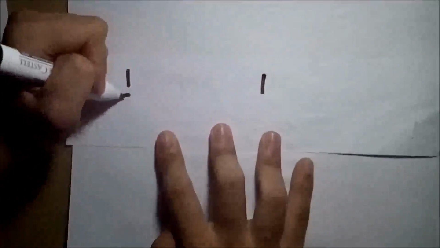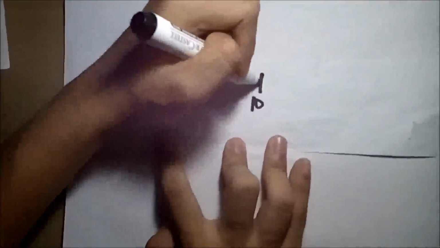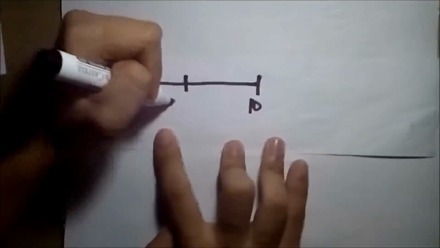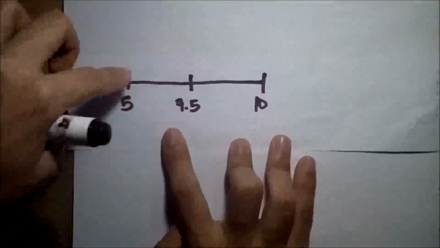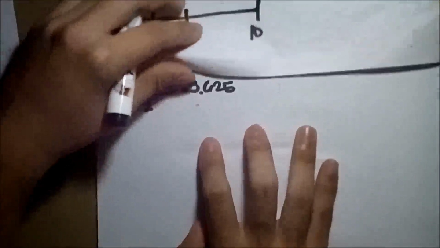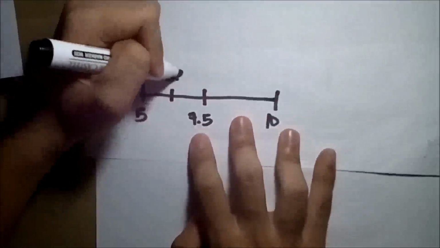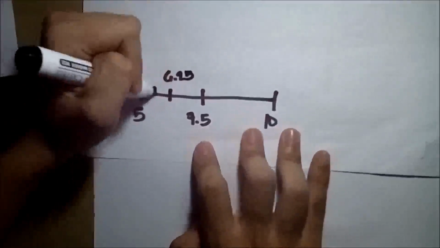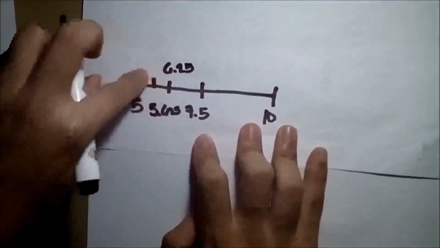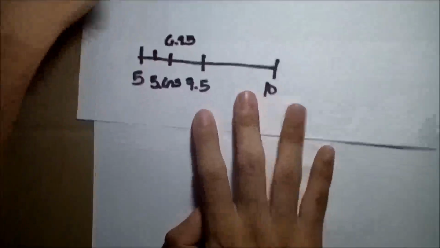For example, the interval of 5 and 10 we cut into half, which is 7.5. Then this interval into half, which is 6.25, and this half into 5.625, which means that this interval has the real root.